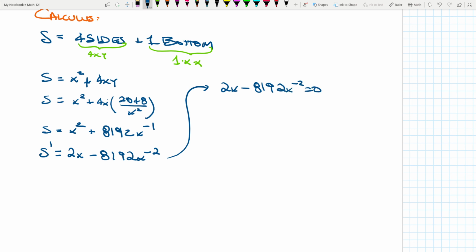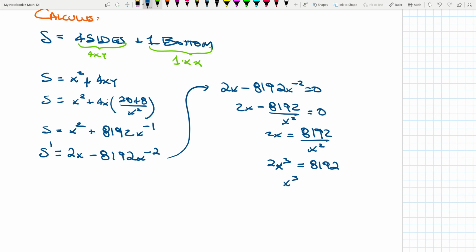To solve for x, let me rewrite this. 2x minus 8192 over x squared, with positive exponents. Okay, so 2x equals 8192 over x squared. Cross multiply to get 2x cubed equals 8192.